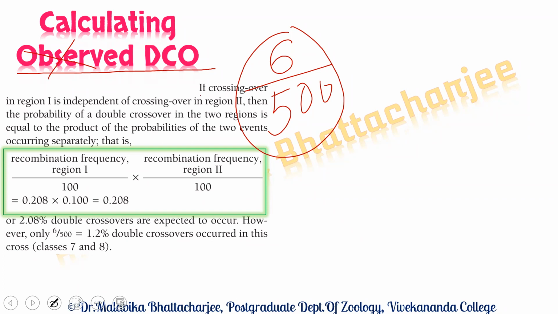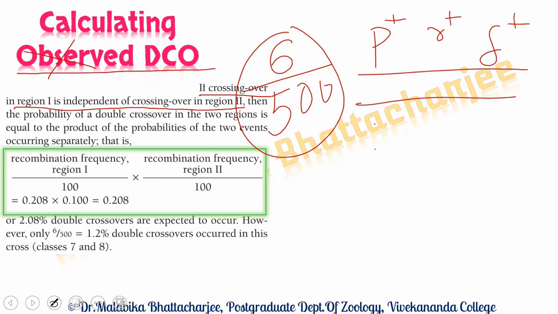That means if crossing over in region 1 is independent of crossing over in region 2, assuming that the crossing over occurring in region 1 is totally independent. If you remember, P, R, J, P plus, R plus, J plus.